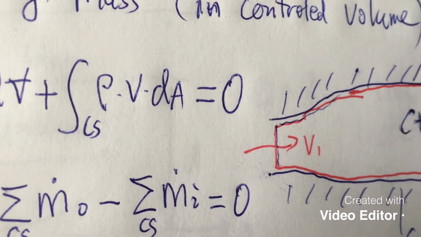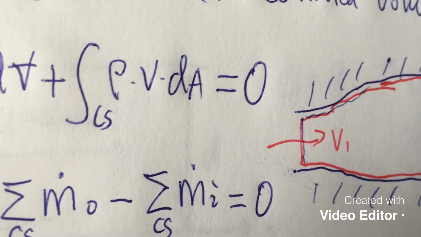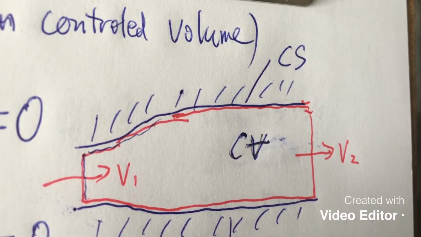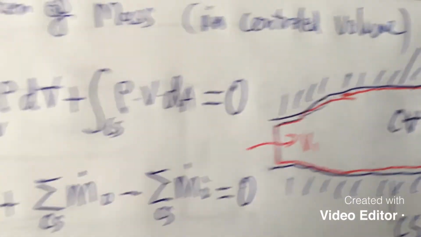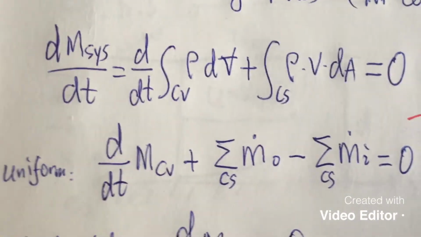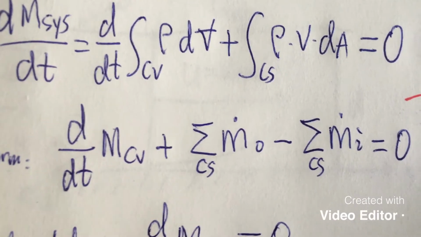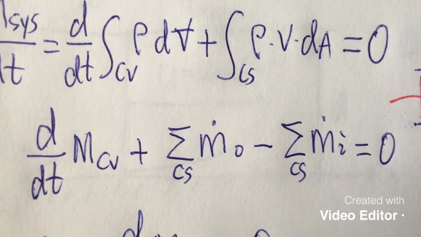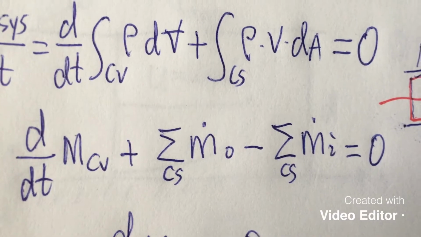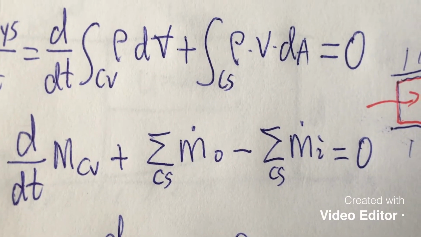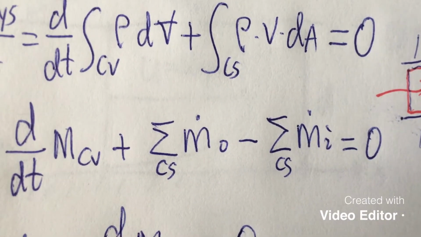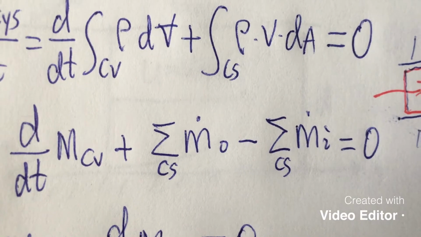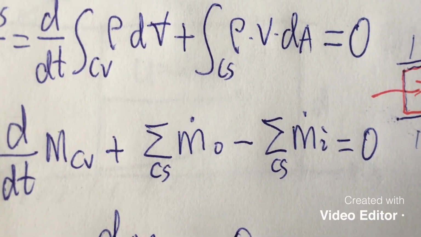I'm talking about on the control surface inlet, V1 is constant, and on the other control surface, the outlet, V2 is constant. If it's uniform velocity in and out of the control surfaces, it becomes this: the mass flow rate out and the mass flow rate in through the control surfaces. I have the summation here, which means there could be multiple inlet surfaces and multiple outlet surfaces.